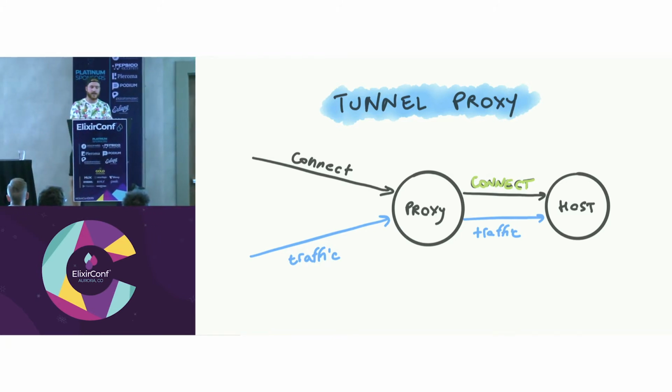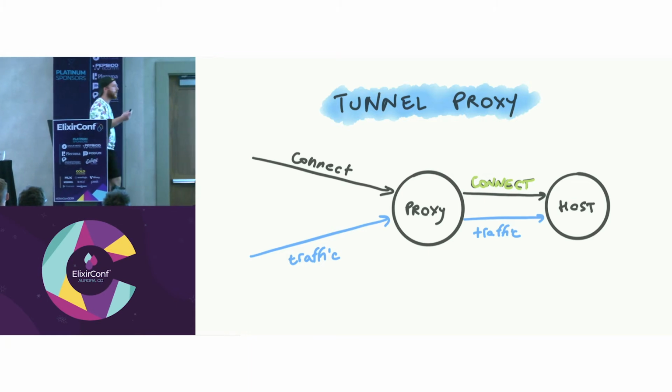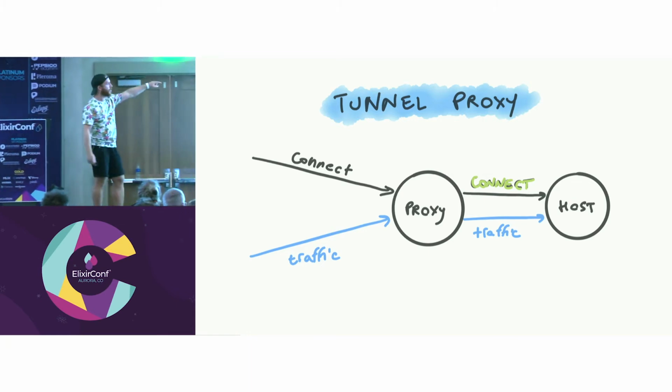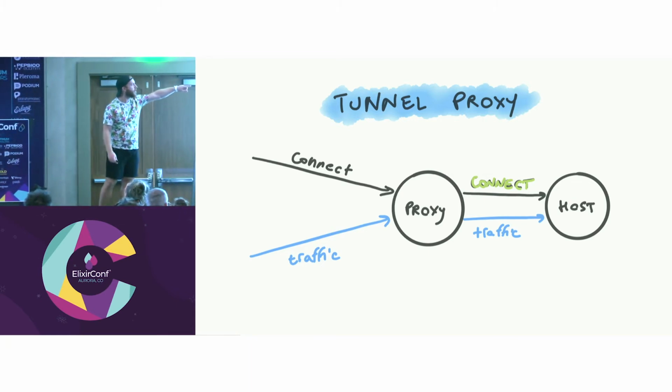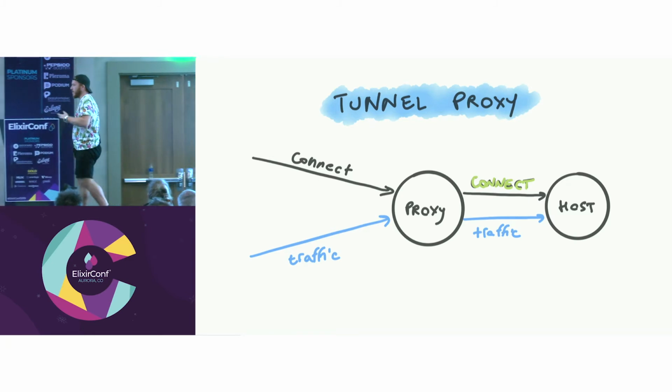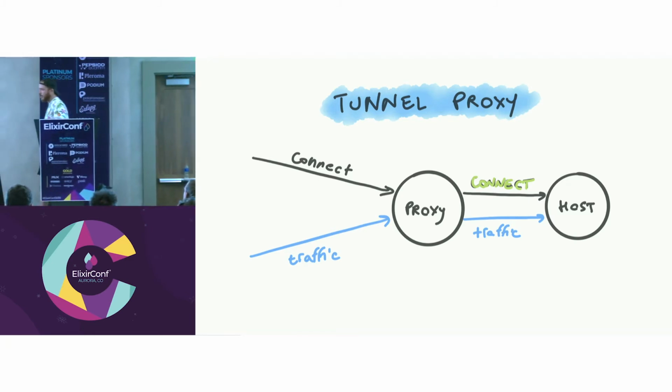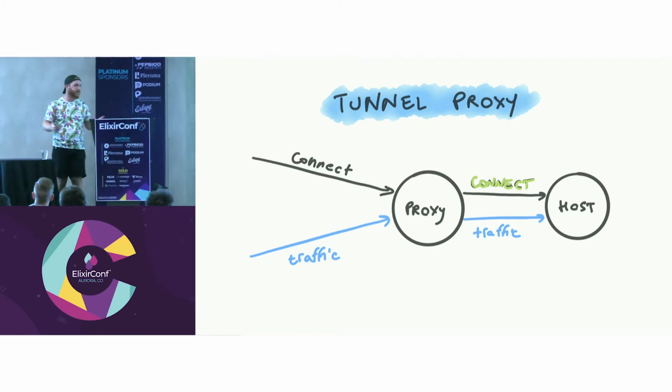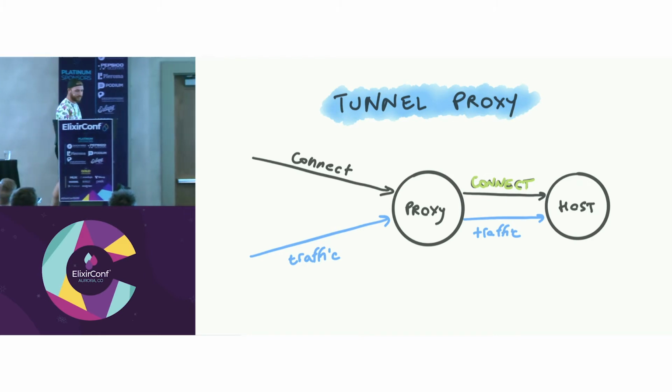So the proxy can't really look at what you're sending to the final host. So once you send this CONNECT request, all traffic is just rerouted. And this works in Mint both for HTTP1 and HTTP2, so it's pretty nice. It's pretty basic, but it works well enough.